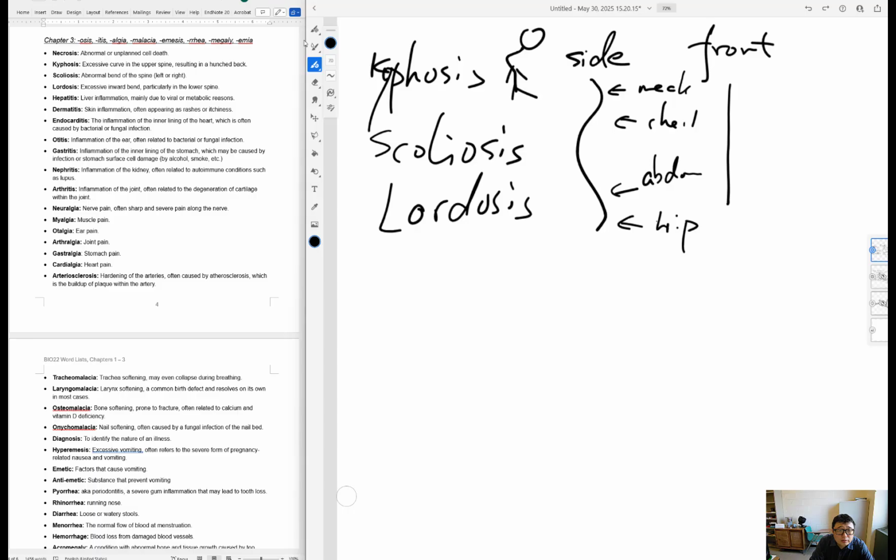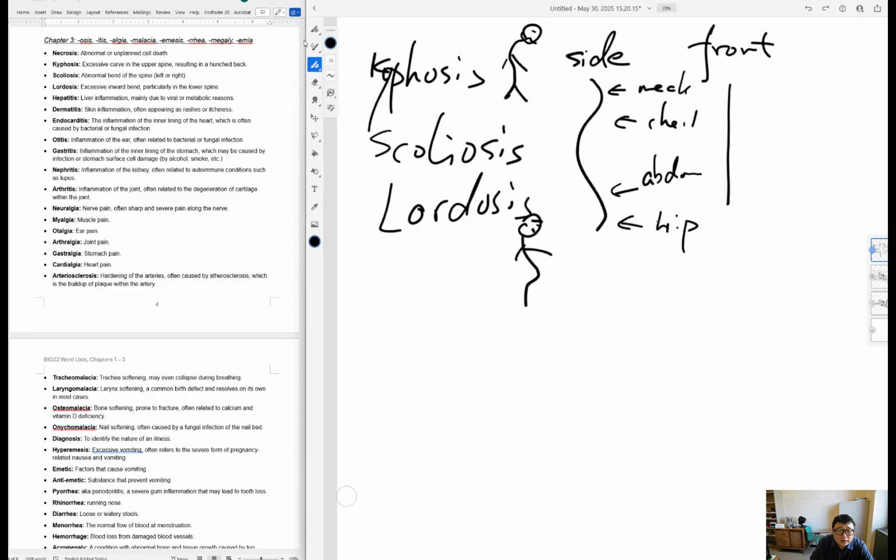Basically, the hunchback. People have hunchback. And then lordosis is the lower back, so people with the belly put in front.